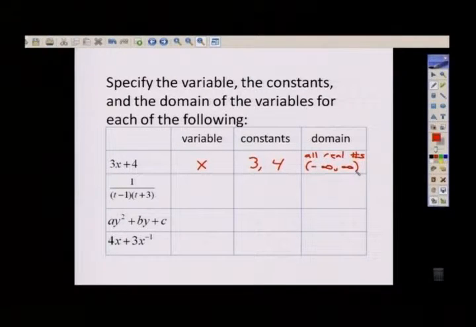In the next expression, the variable is the t. The constants are the 1 in the numerator, the negative 1 in the denominator, and 3.